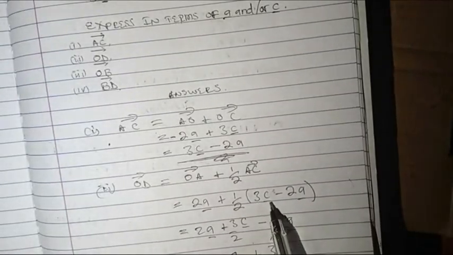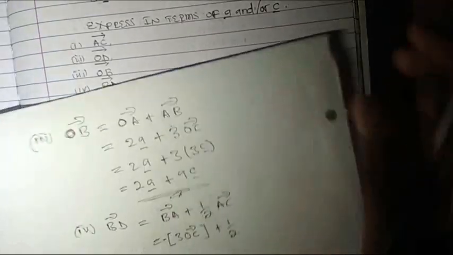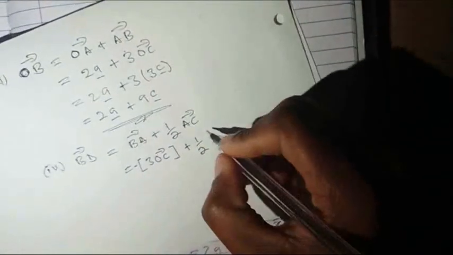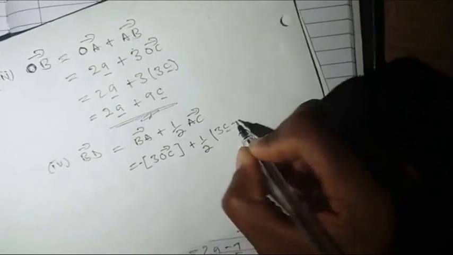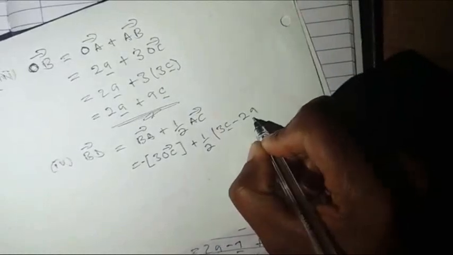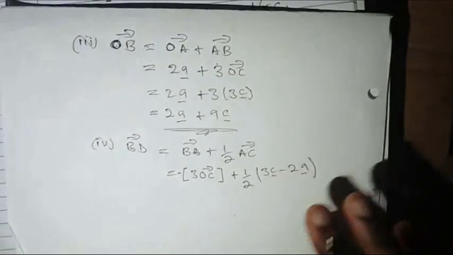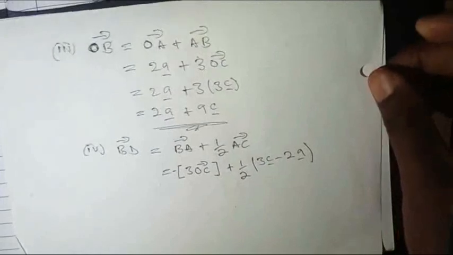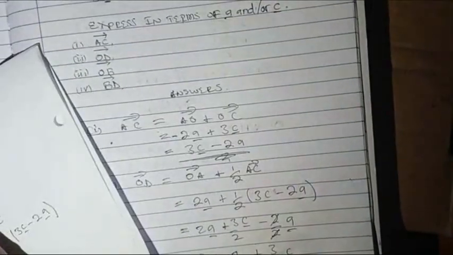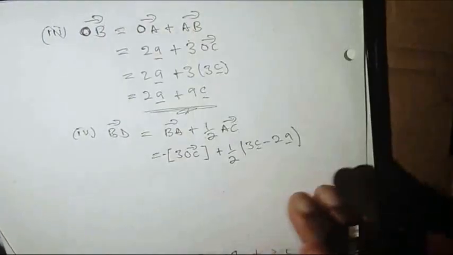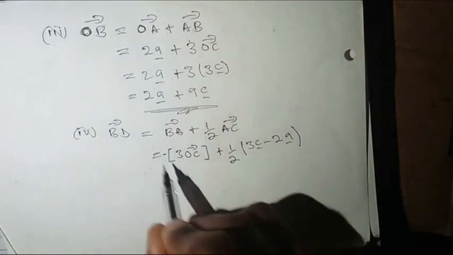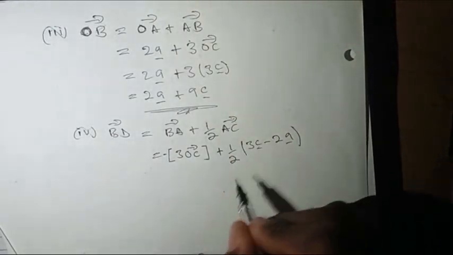AC is equal to 3c minus 2a. So that's what is happening here, that's us interpreting all this out.